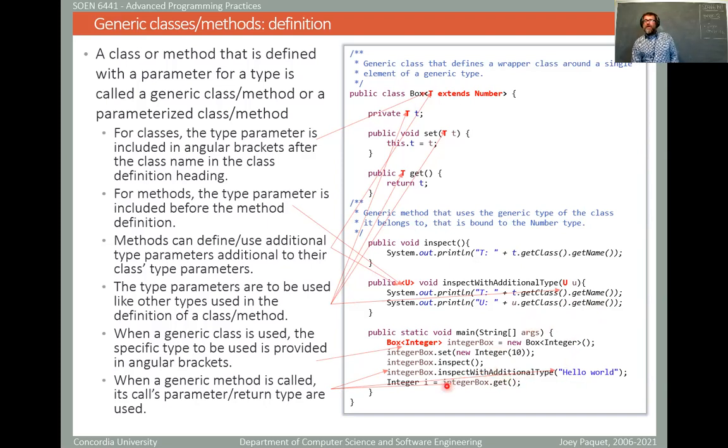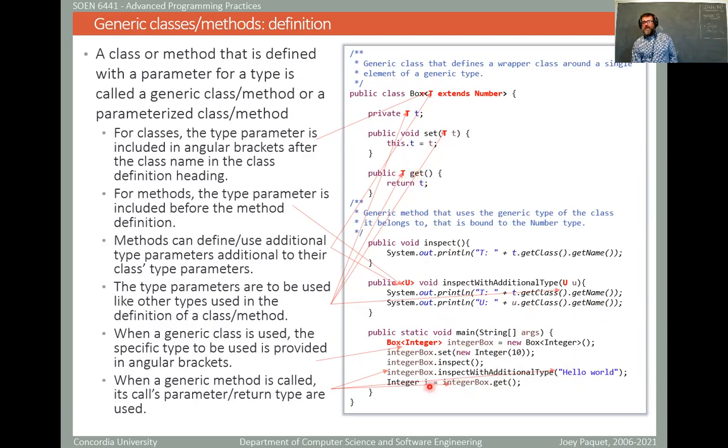And then also, if you call the get function of your integer box, which is a Box of Integer, the return type of the get function is T. Because you've provided Integer as the type parameter, the return type of get is Integer.